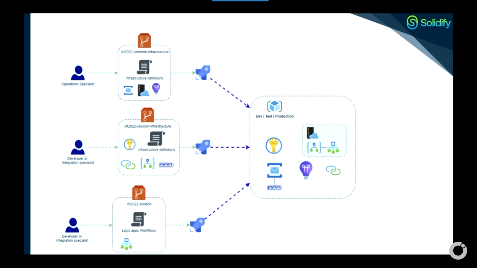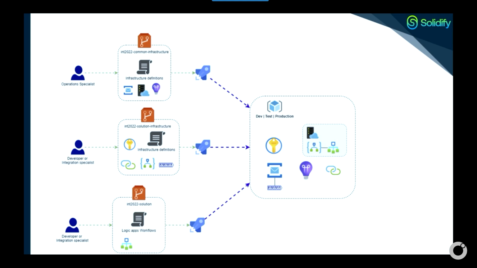Then in the middle, you have the solution artifacts. I have some resources that I need to create in Azure that are important to have there. They have their cadence. They belong to the solution itself. In this case, I have Key Vault. I have some secrets that I want to use in my solution, so I have located them there.